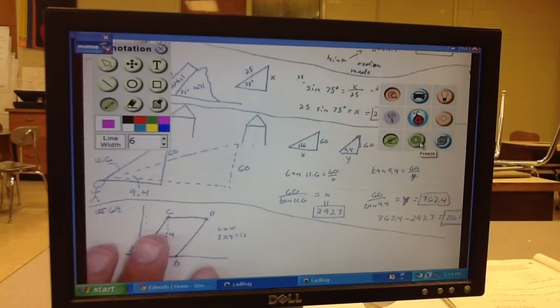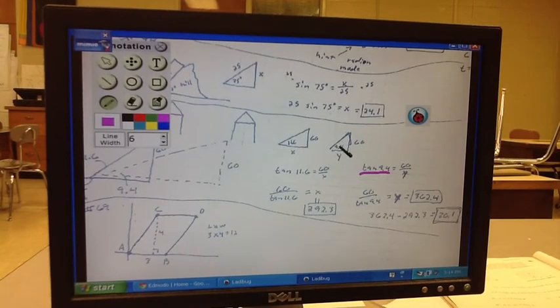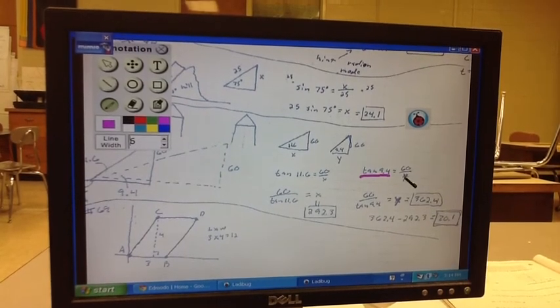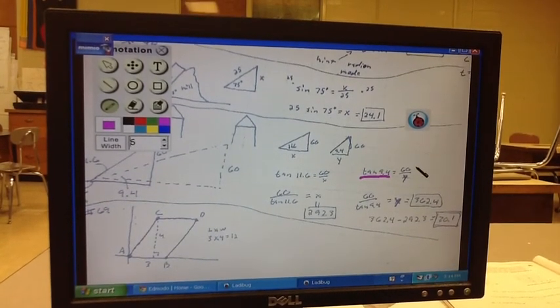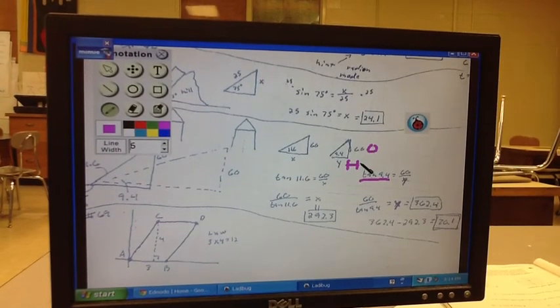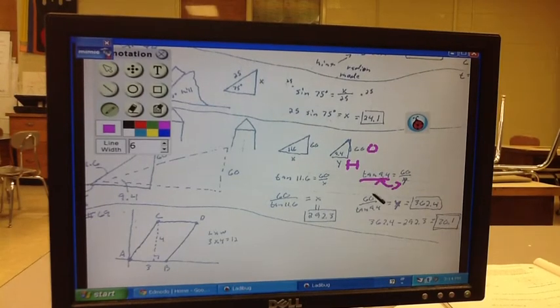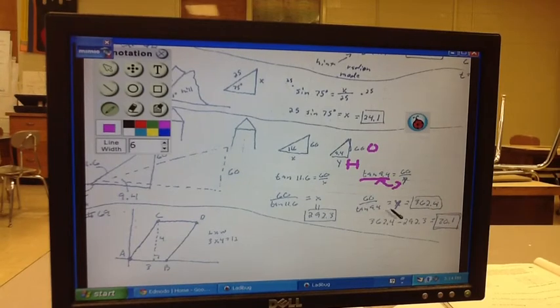Alright, we got the tangent of 9.4, opposite of 60 over Y. Remember, that's opposite over adjacent. If you got opposite over adjacent here, end up switching these two, getting 60 over tangent of 9.4. Put that in your calculator, end up getting 362.4.